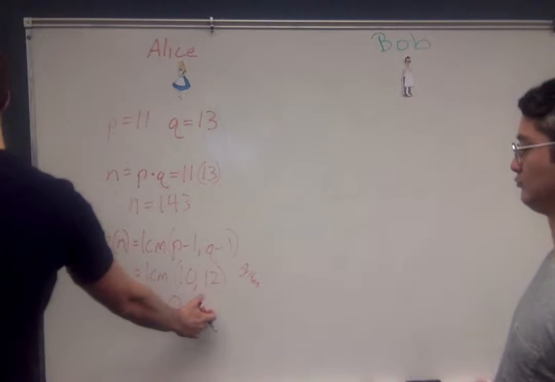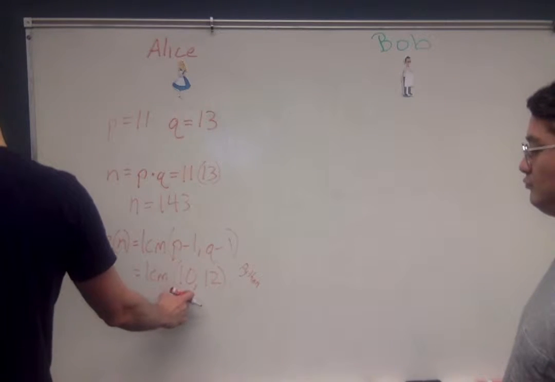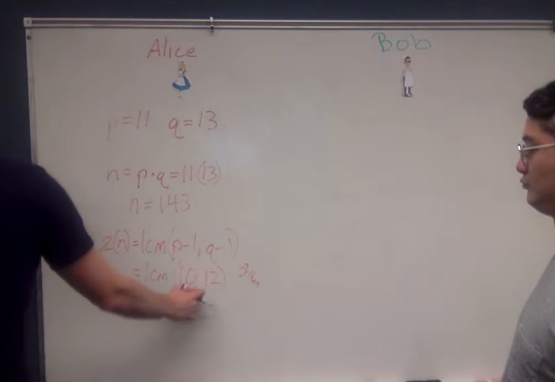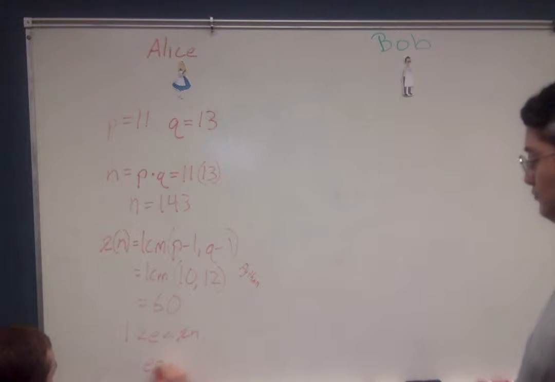Now we're going to write down a natural number between 1 and lambda N that has no factors in common with lambda N, and label that number E. So E needs to be between 1 and lambda N, and in this case we're going to say E equals 7.